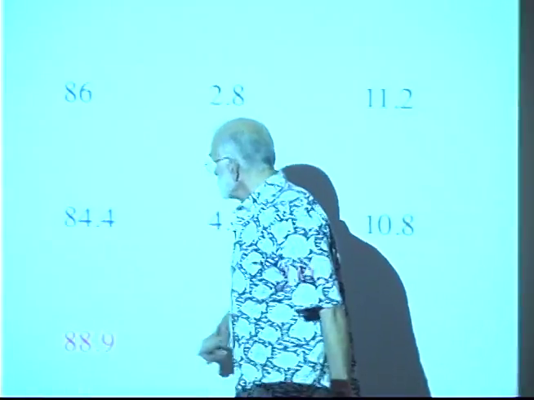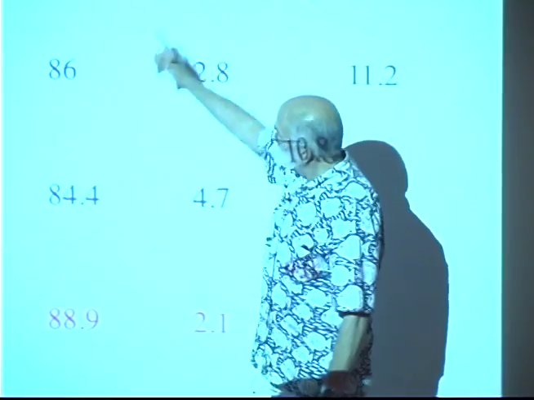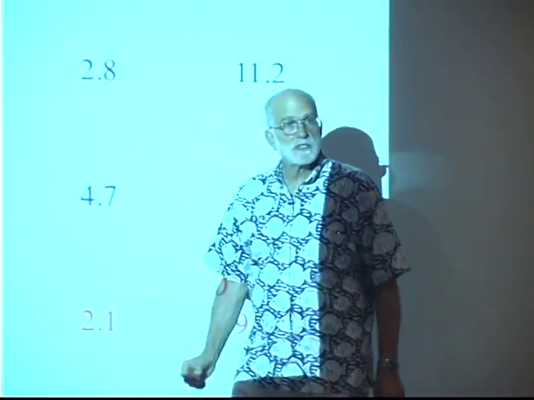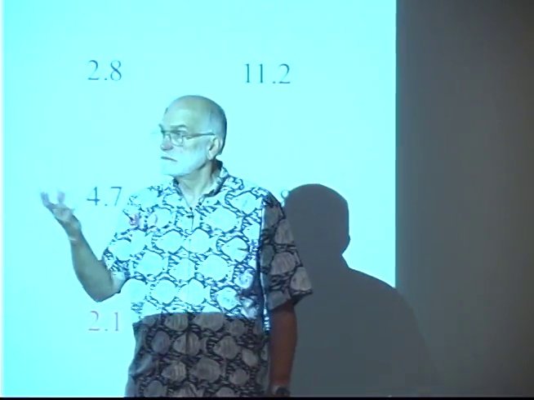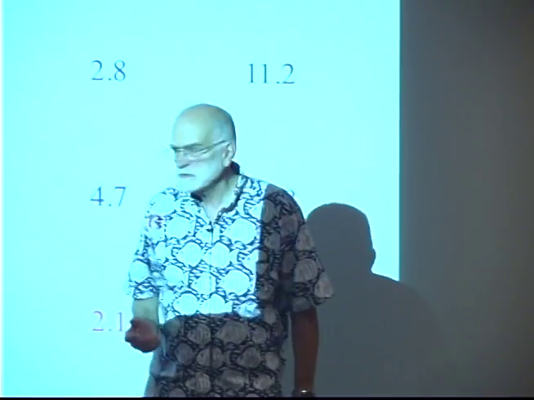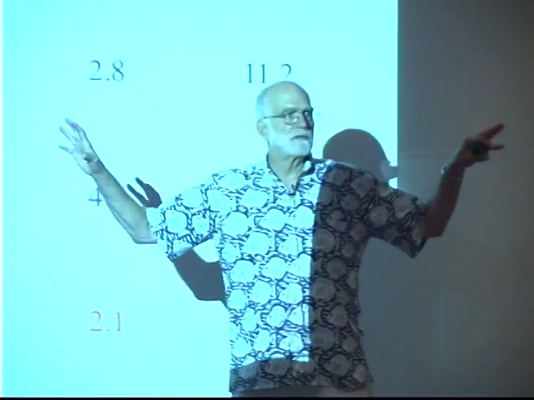This is probably the most reliable one. 88.9% of human variation is among individuals. 2.1% is among differences like, are they French or Russian, or are they Druze or Bedouin? 9% is among those 7 big geographical groups.